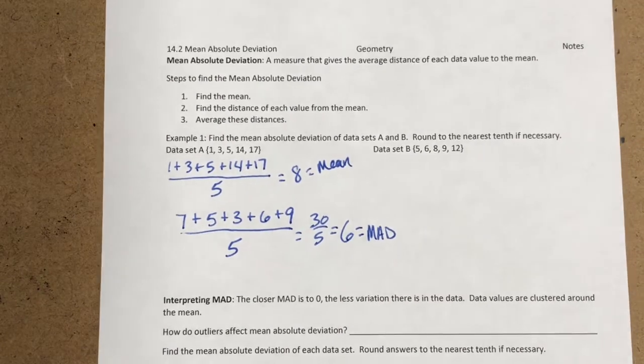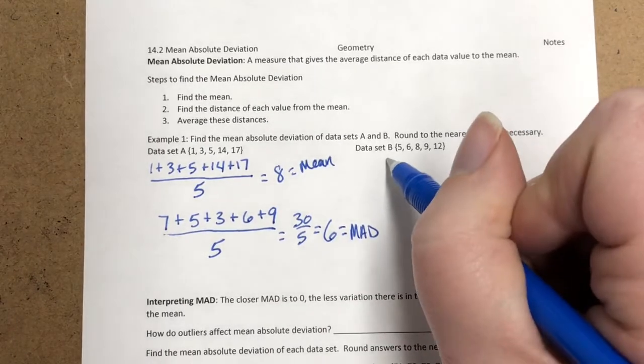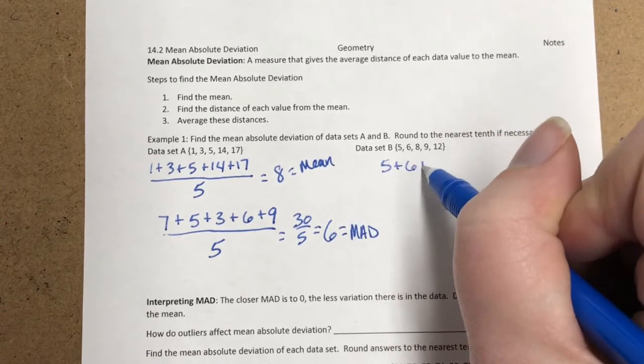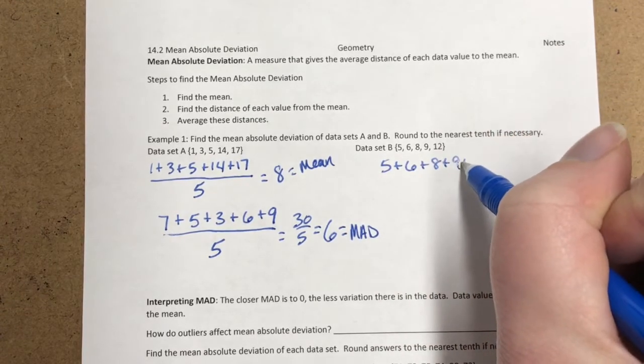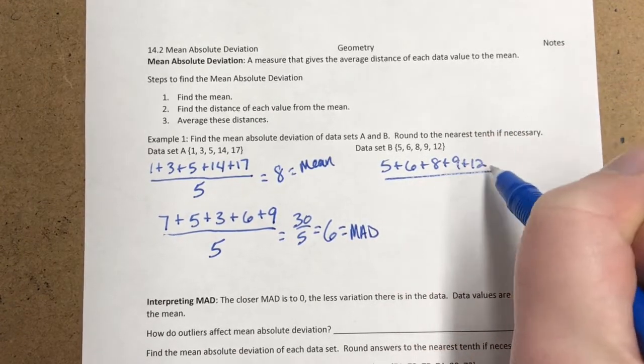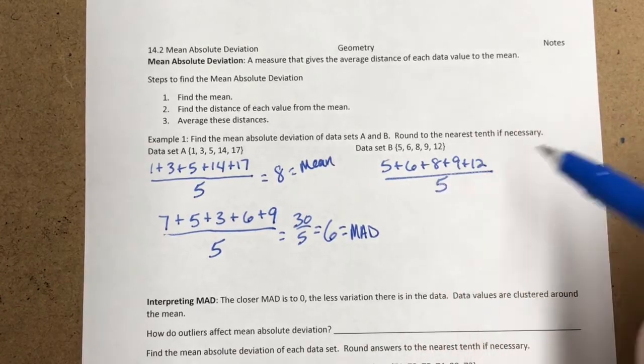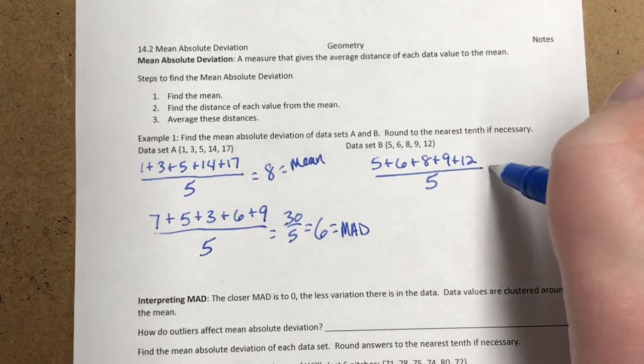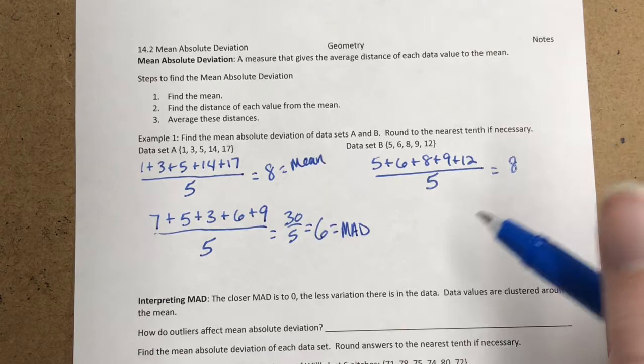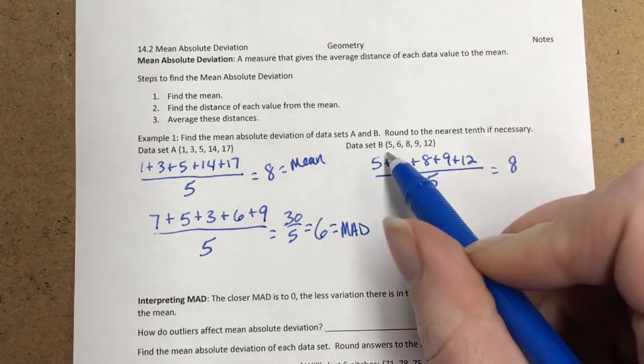So for data set B, I'm going to find the mean first. So I'll take 5 plus 6 plus 8 plus 9 plus 12, divide it by 5, because there's 5 numbers. That gives me 8. And then I'm going to find the distance.